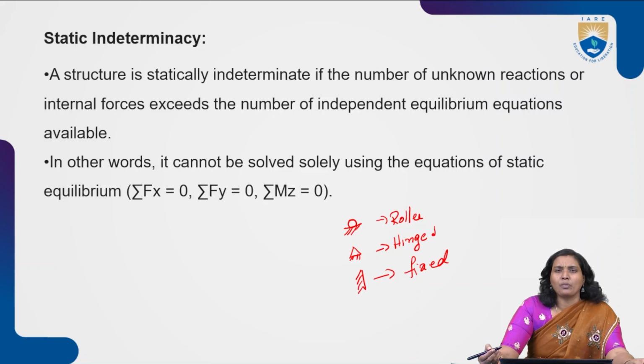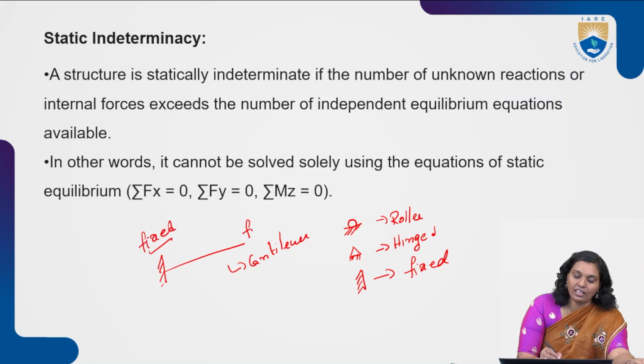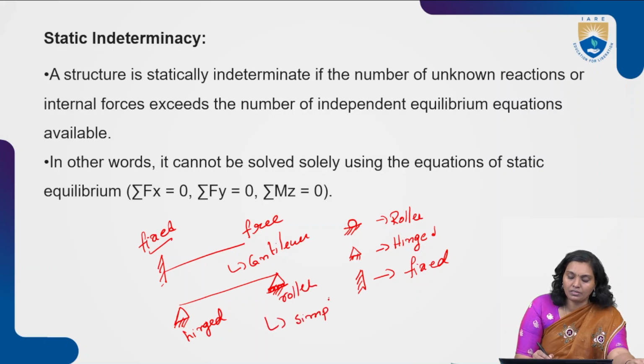Various different types of supports are involved at the time of construction of various beams. For example, this is the cantilever beam: one end is fixed and the other end is free. Then simply supported: both ends hinged, or one roller and the other hinged. This type is known as simply supported beams.